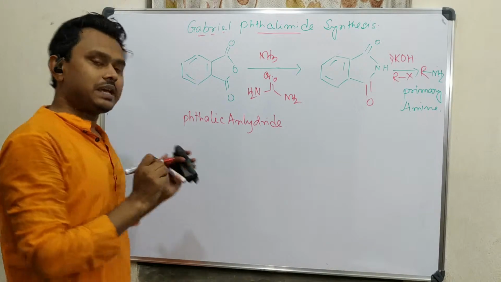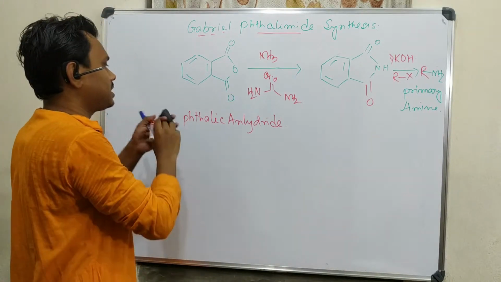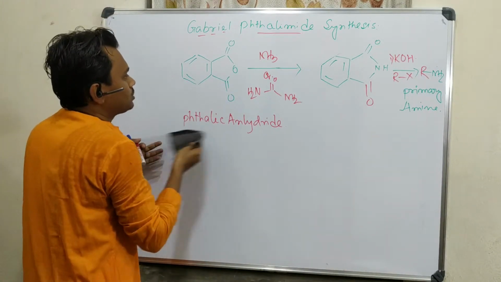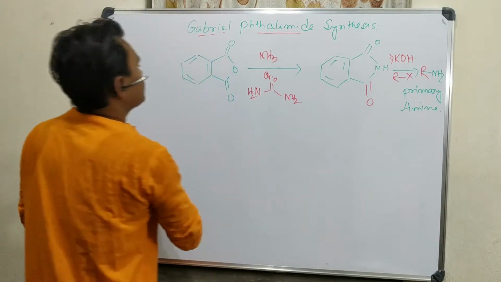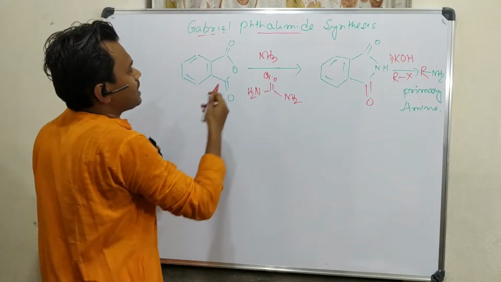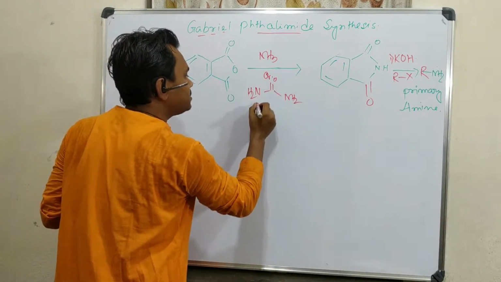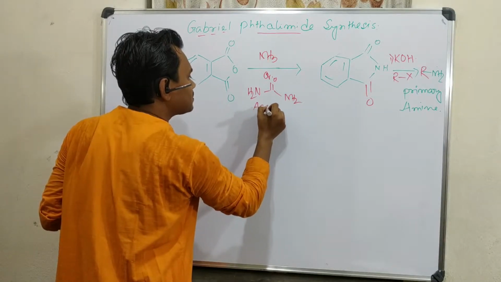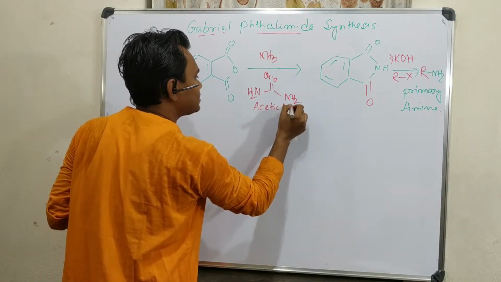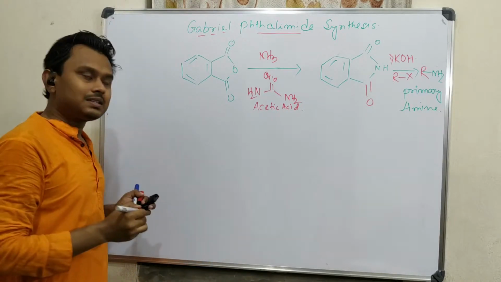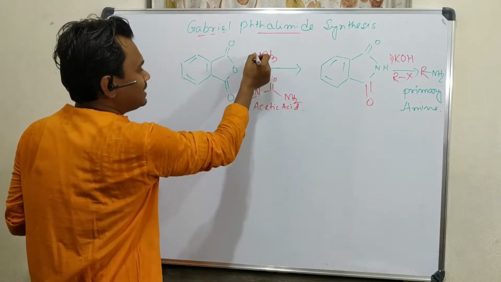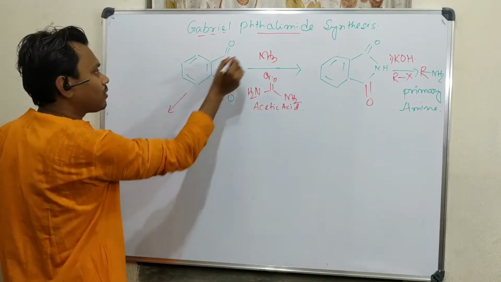Okay. So let's explain every step slowly. So first, how ammonia reacts, and this reaction is done in presence of acetic acid, and we know acetic acid is a weak acid.